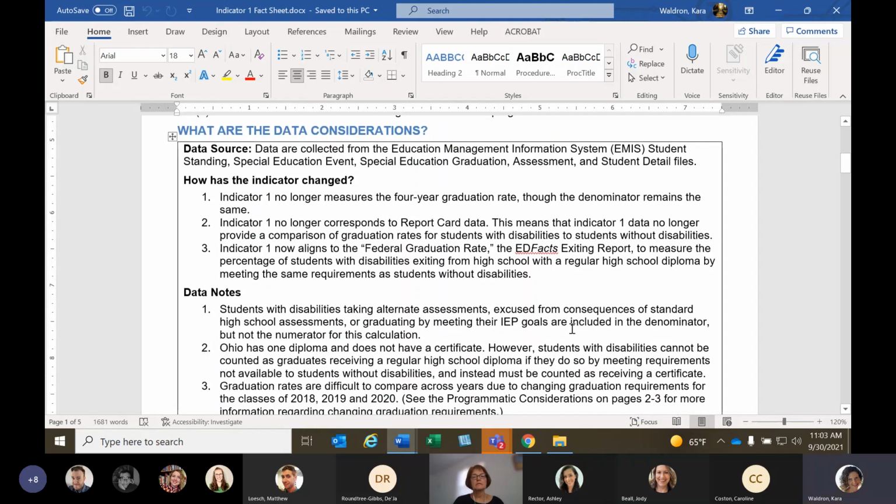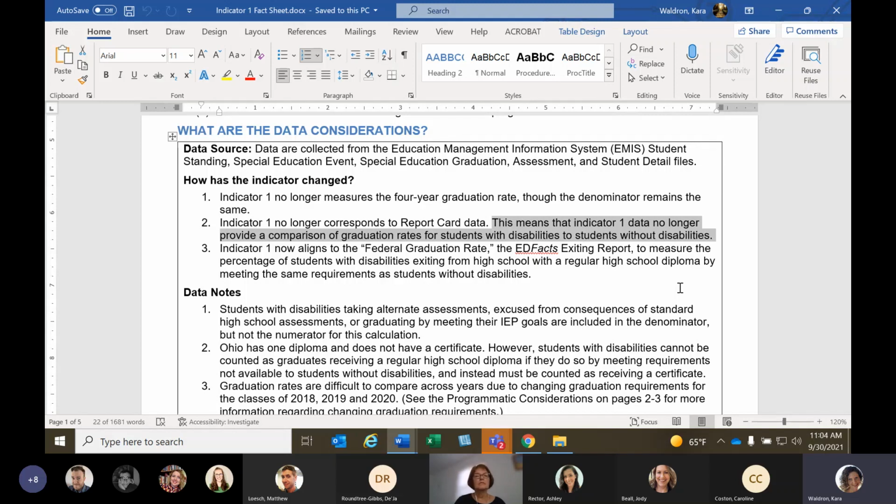So going down into our data notes, this is a place where it's important to spend a little bit of time. Some of these things I have touched on, but I just want to really bring this point home. What we lose by not being able to align to our report card data is more than just, well, we have to do it a different way.